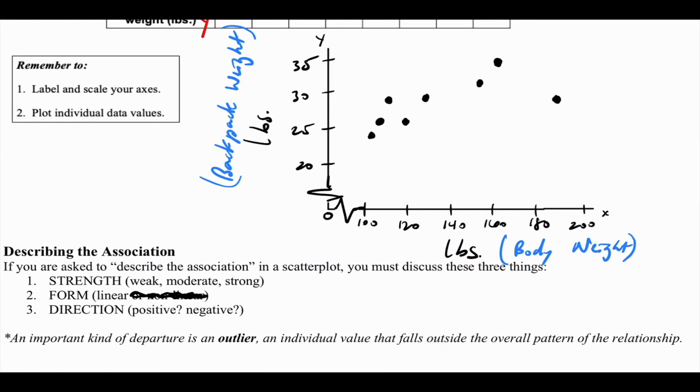Okay, how confident are you in saying, as body weight increases, backpack weight will increase as well? Weak means I'm not very confident. I'm not very confident at all. It is, but I'm not like very confident. Okay.